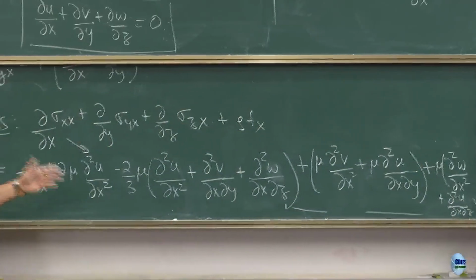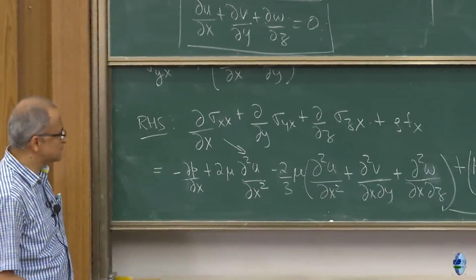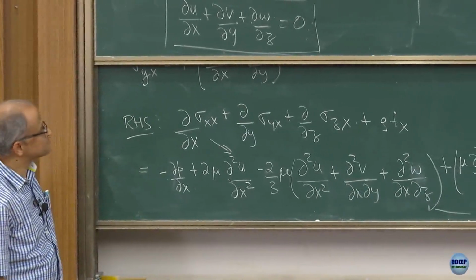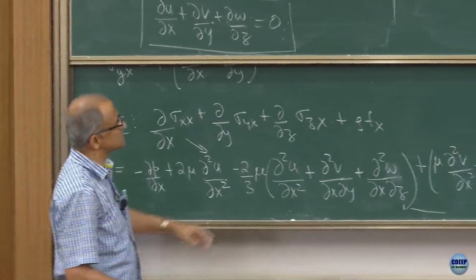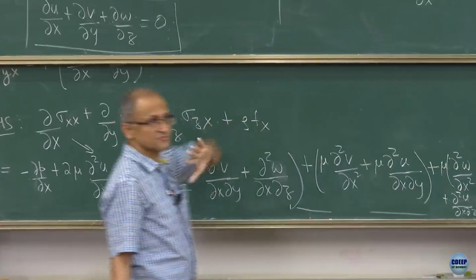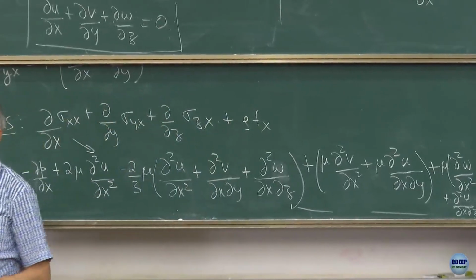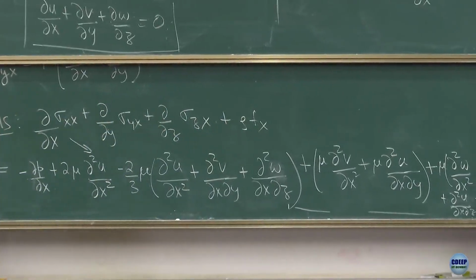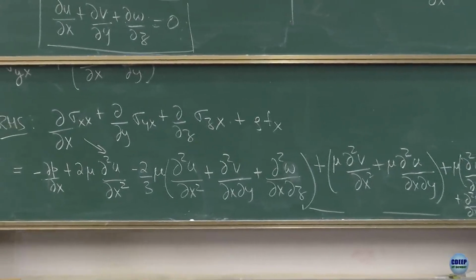So this is what I'm going to get if I substitute all these terms in here. Are we clear about this? All we are doing is substituting the stress terms that we have found into the momentum equation now and trying to get to the Navier-Stokes equations.